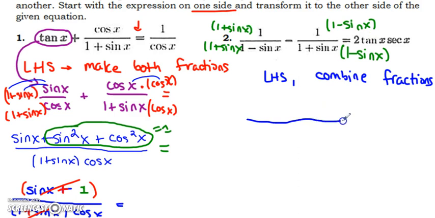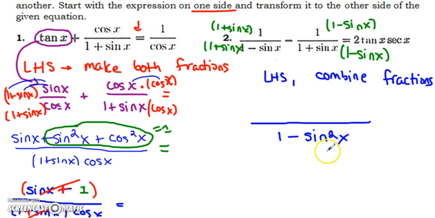Okay, now. Oh, that's no good. Now, I hope you remember a previous lesson in which we talked about the fact that if you have 1 plus something, and 1 minus something, the same factor, conjugates, you get a difference of 2 squares.